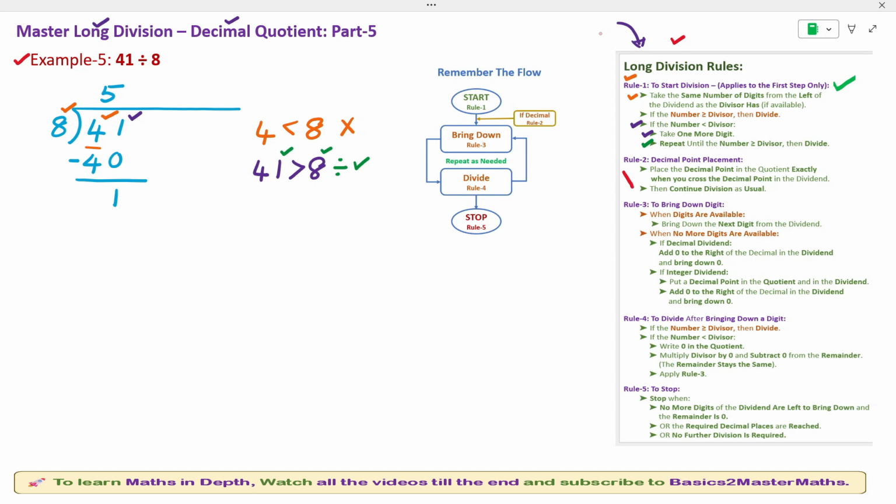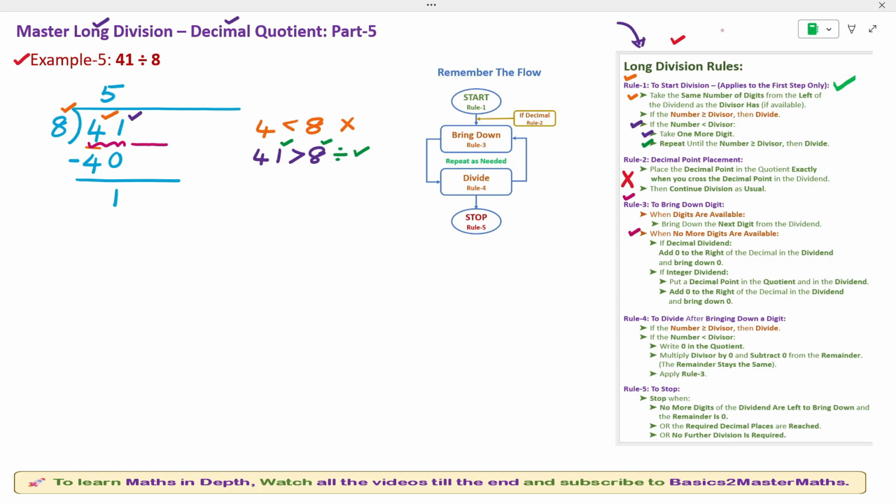In this case, rule 2 is not applicable because 41 is not a decimal. Observe, 41 is an integer and there are no more digits available on the dividend to bring down. Now let us apply rule 3.